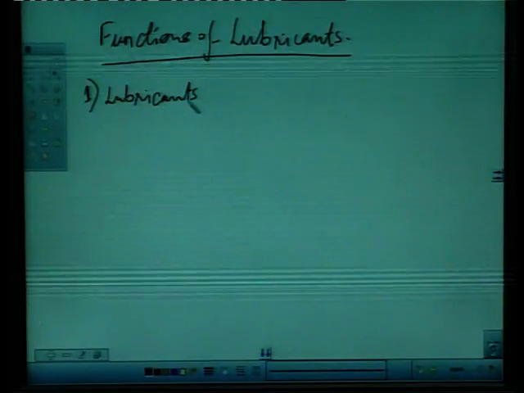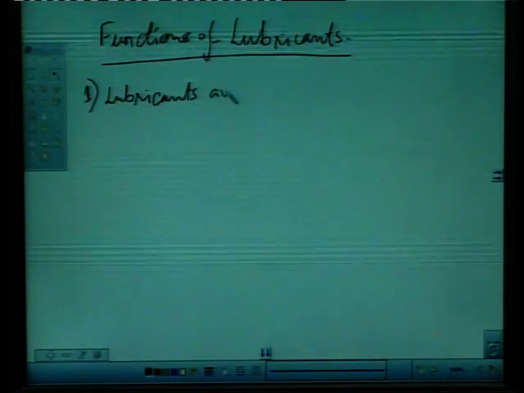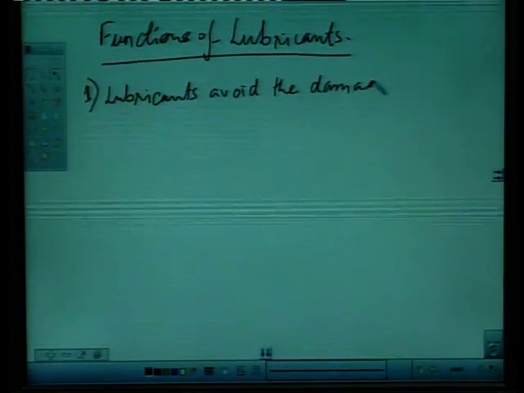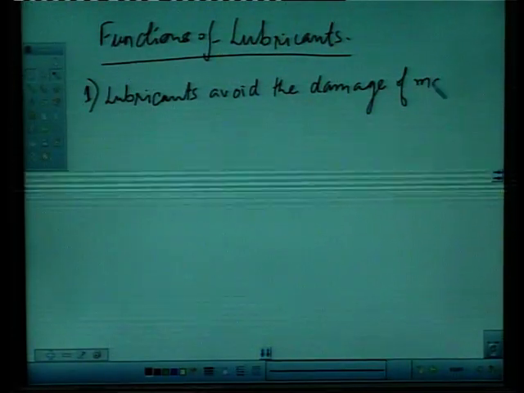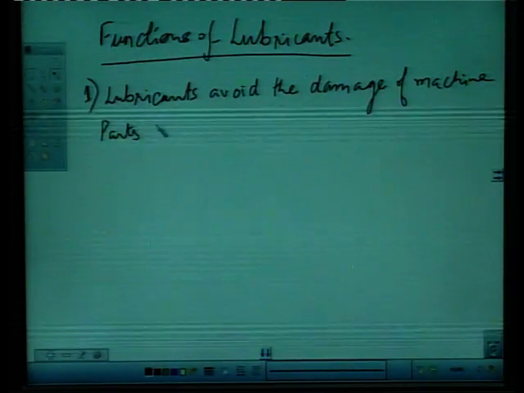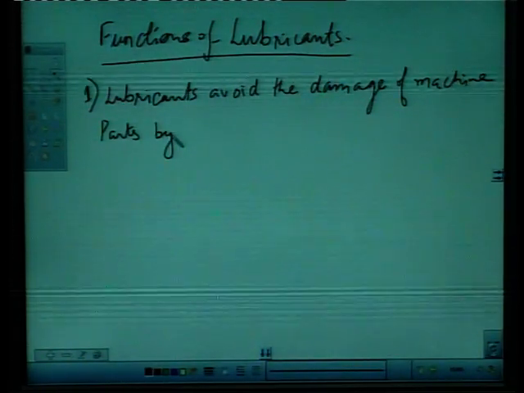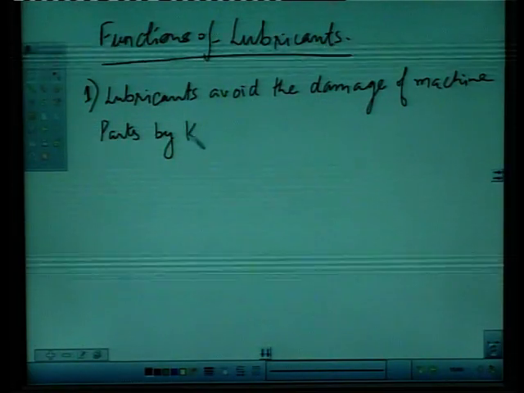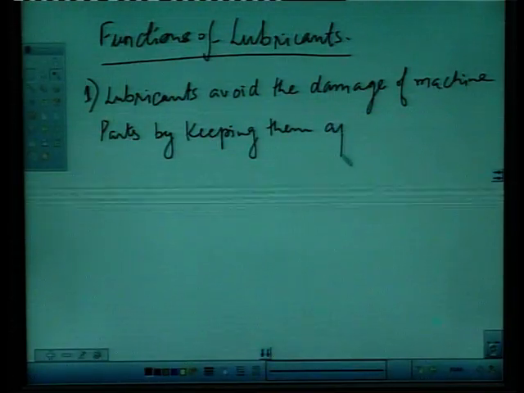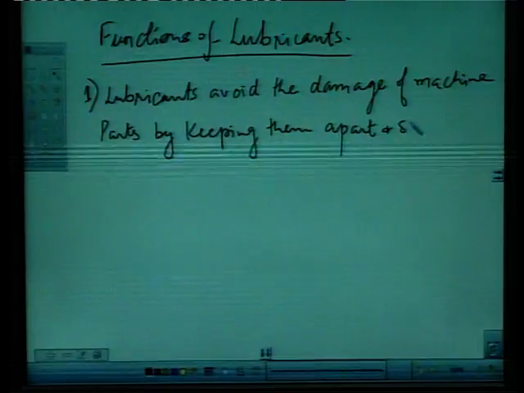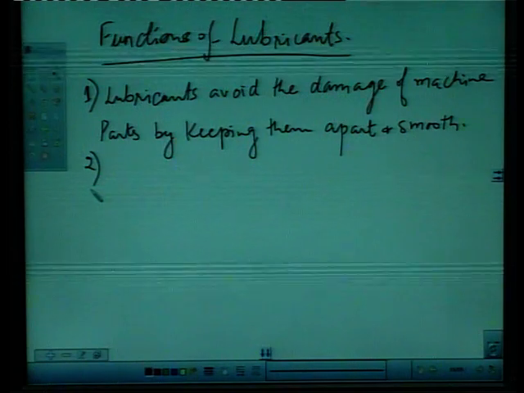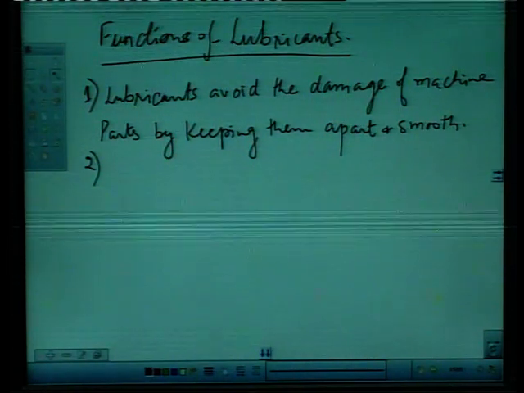Lubricants avoid the damage of machine parts by keeping them apart and smooth.